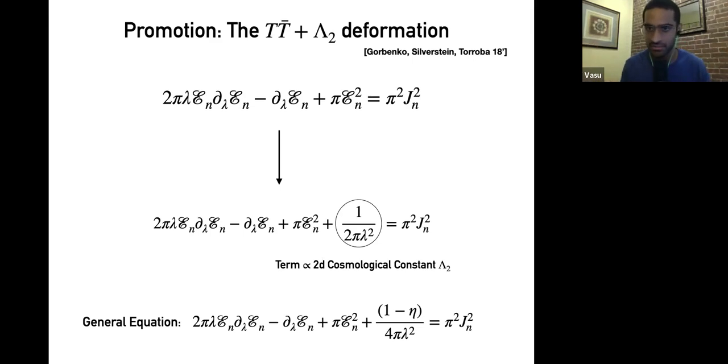I can get rid of it. When I have the TTbar deformation, the Ward identity involves something quadratic in the stress tensor. So what I would call trivial might not be anymore. And that's what makes this addition of the lambda 2 deformation after doing the TTbar deformation non-trivial, because the rules are different now.